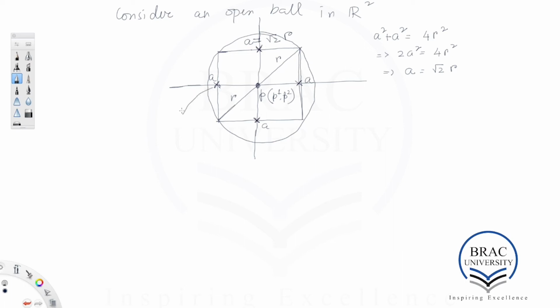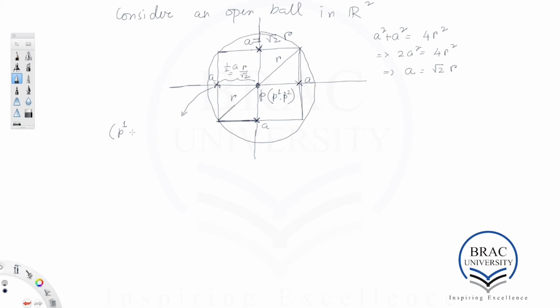So the coordinate of this guy is P1 minus half of the length of the cube, okay, that is 1/2 of a. This is 1/2 of a, which is r over square root of 2.